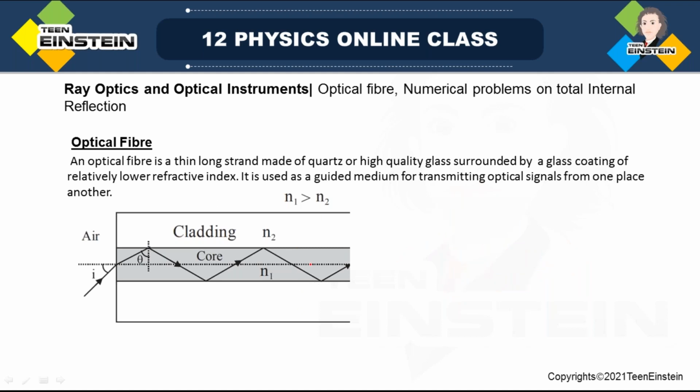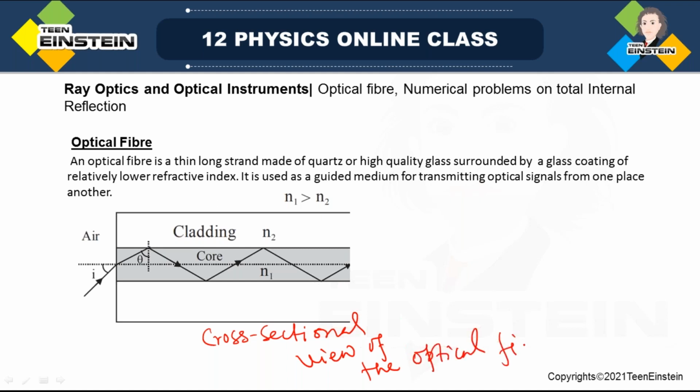The thing we are seeing here is the cross sectional view of the optical fiber, a single tube. An optical fiber cable can contain many such fibers, as I had shown you.